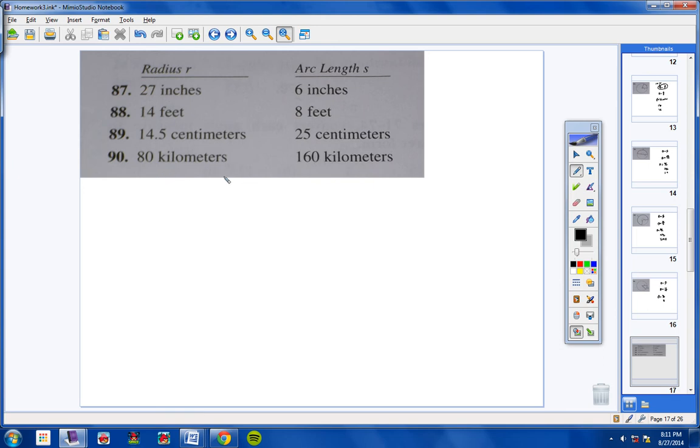The directions read, find the radian measure of the central angle. So now we're looking for the central angle. Let's start off with number 87 first. We have a radius that's 27 and an arc length that's 6.